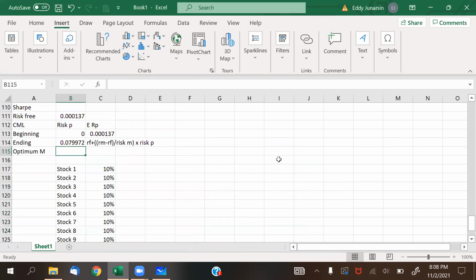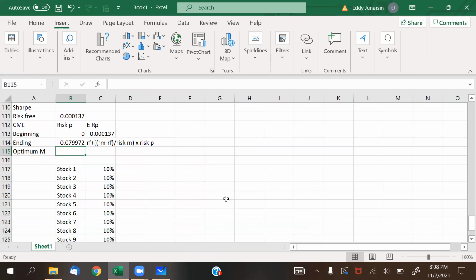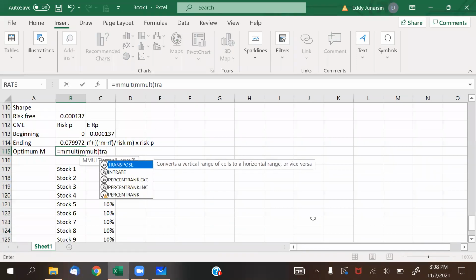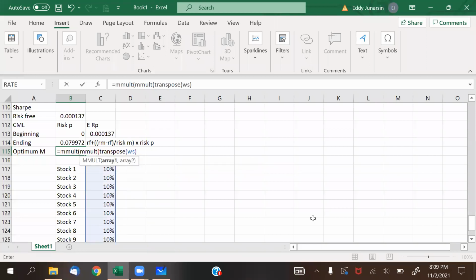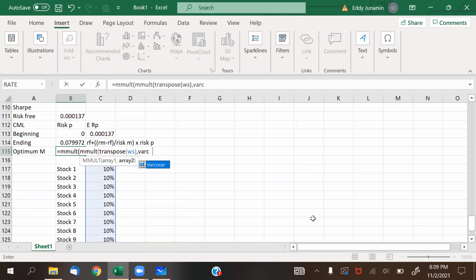I'll write the formula again for M. Again, we are determining the point M. The formula would be the transpose of the weight times the covariance times the weight again. Actually, it's very similar to what we did above, but the naming was different. And then the square root of it.